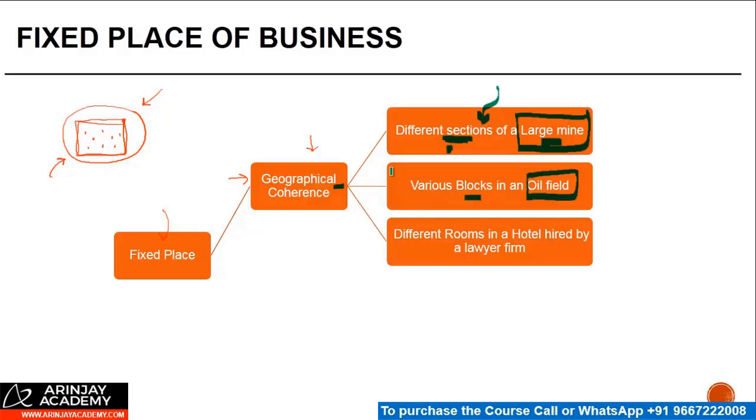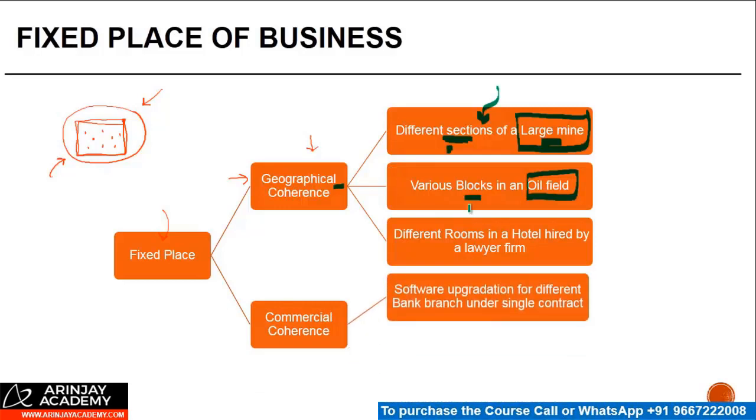So there's a foreign law firm which hires rooms in a hotel where their employees come and provide consultancy services to their clients. In that case, all these different rooms will be considered together as a geographical area and a fixed place of business.